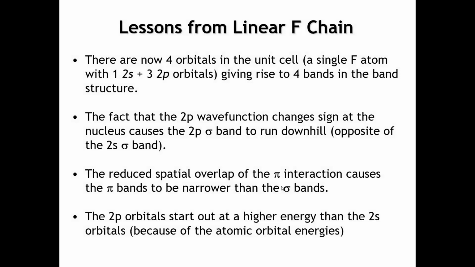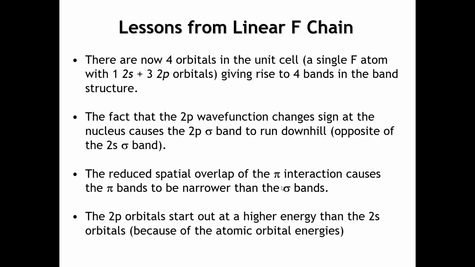So to end, let's restate what we've learned from doing the band structure of this linear fluorine atom chain. First thing, now we have 4 orbitals in the unit cell, a 2s and 3 2p orbitals, and so we're going to have 4 bands in our band structure. By drawing out the sketches at k equals 0 and k equals pi over a, we can find that one of the bands, the 2pz band, runs downhill in energy, and the other 3 bands go uphill in energy.